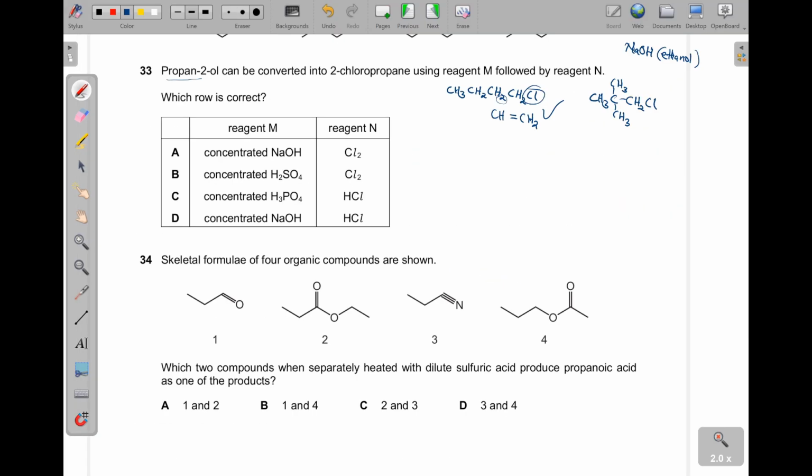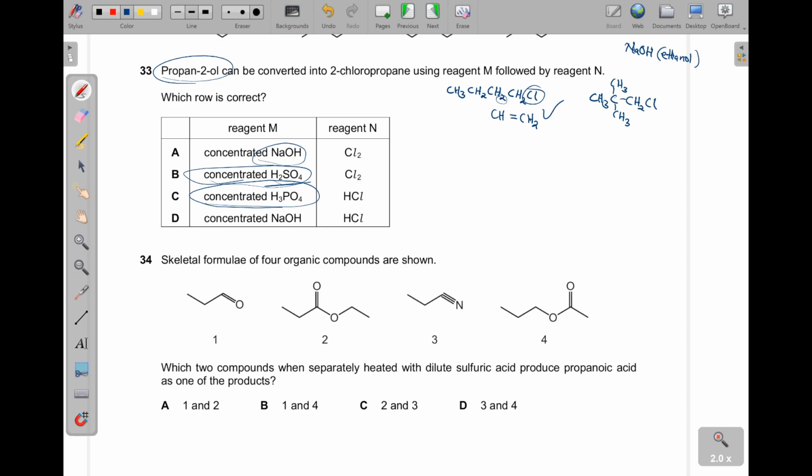Question 33. Propan-2-ol can be converted into 2-chloropropane using reagent M followed by reagent N. Which row is correct? Now the reagents we are given here, we can see concentrated sodium hydroxide, then sulfuric acid. When we use concentrated sulfuric acid or concentrated phosphoric acid on an alcohol, it is going to dehydrate it. Then you will get an alkene.